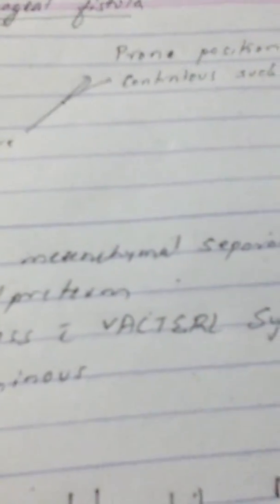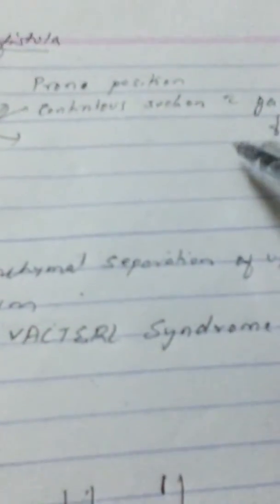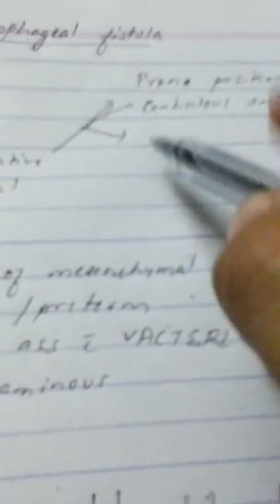In conservative, it is said to put the patient in prone position, and then continuous suction can be done, and do gastrostomy for feeding. Okay, gastrostomy for feeding.